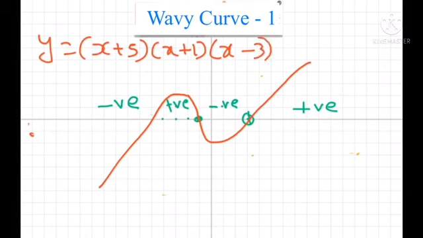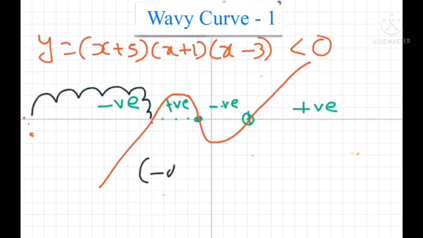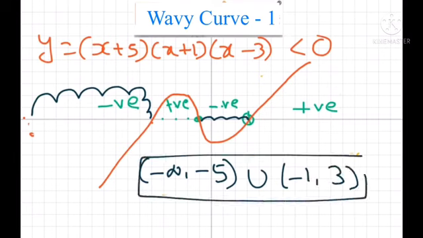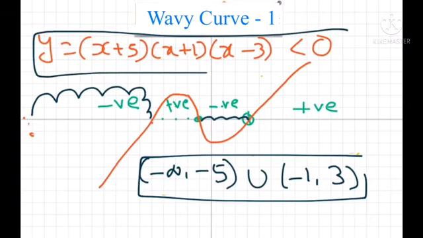That means in the region from minus infinity to minus 5, y is always negative. Now if I ask you a question to find the region such that this is negative, then what answer will you write? It is negative in this region, minus infinity to minus 5, union, again it is negative in this region, minus 1 to 3. So this is the answer of this inequality.